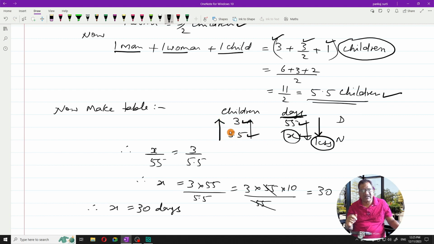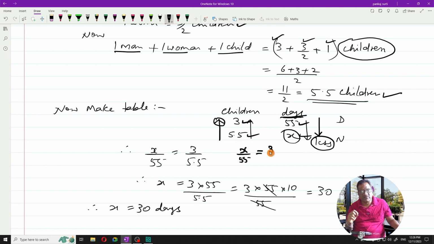Now once the arrow mark is ready, I'm going to write the equation. While writing the equation, what I'm going to take care of is the last column I'm going to write as X upon 55. The numerator should always have X, the unknown. And 55 will go in the denominator. This is LHS. Right hand side you have only one column. Okay, so here the head will be going in the numerator. So head is pointing towards the 3.